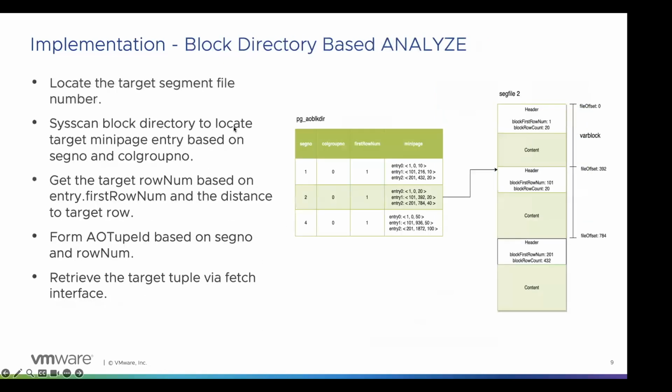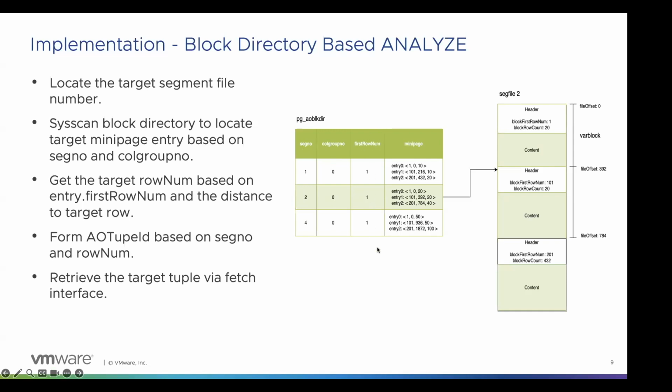Next, for the block directory based analyze, firstly we have created the block directory, and we firstly need to locate the target segment file number. Then, when we need to scan the block directory, we use an index scan. The key consists of three attributes: one is the segment number, the second is the column group number, I mean the column number, and also the first row number.